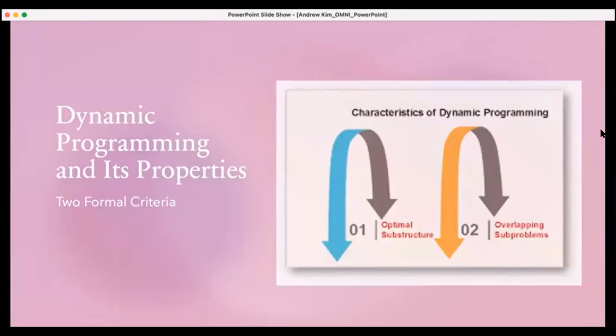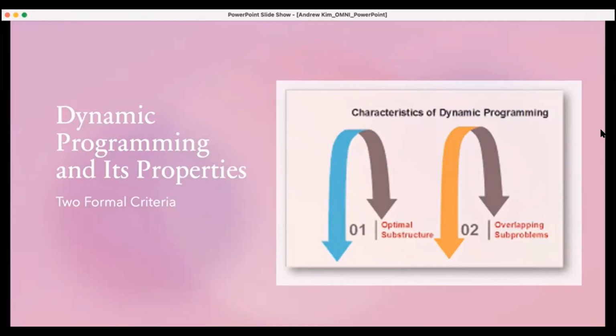Now that you have a clearer picture of what an algorithm is, let's dive right into what dynamic programming is. As I mentioned, dynamic programming is an algorithmic technique, but it's specifically designed for solving an optimization problem by breaking it down into simpler subproblems and utilizing the fact that the optimal solution to the overall problem depends upon the optimal solution to its subproblems.